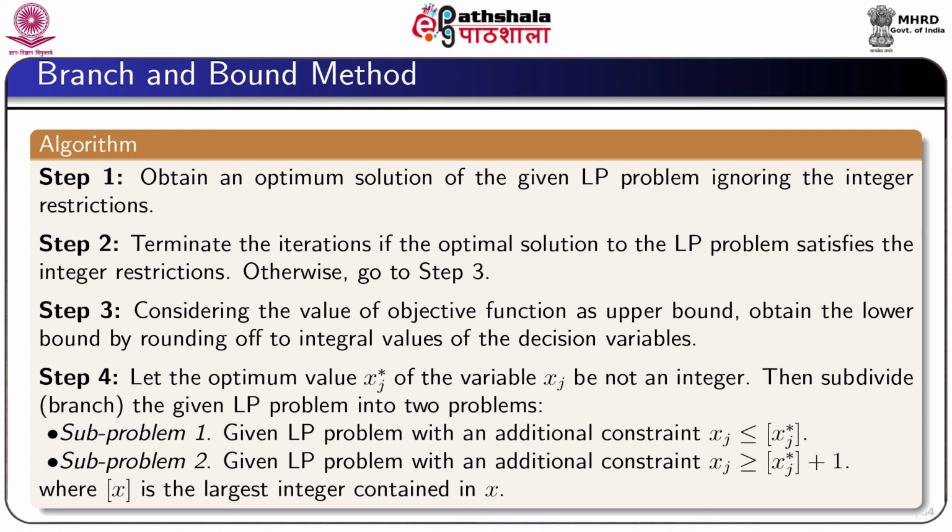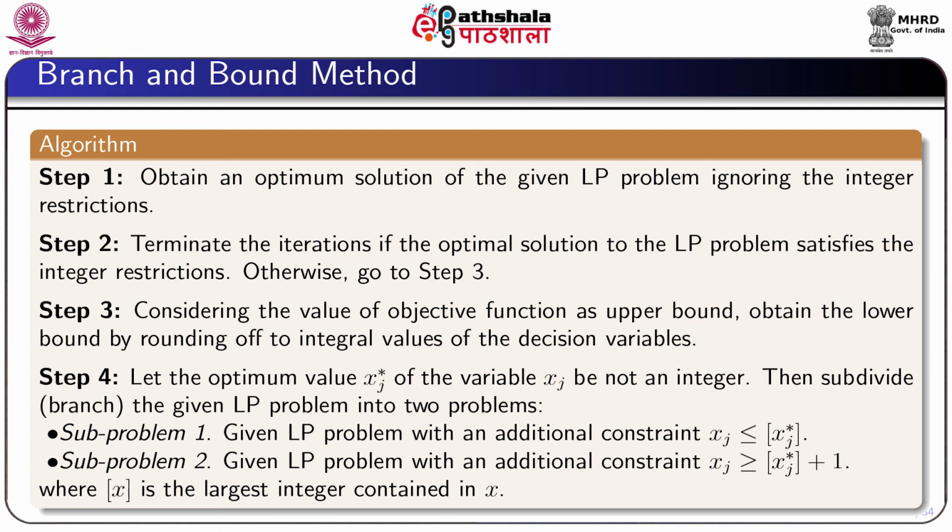Next, let the optimum value xj star of the variable xj be not an integer. Then we subdivide or branch the given LP problem into two subproblems, subproblem 1 and subproblem 2.